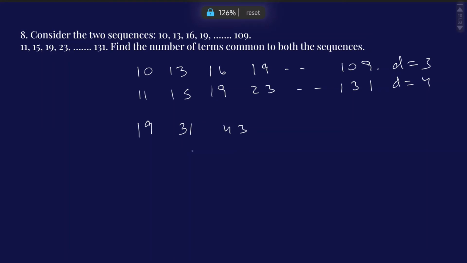So its formula is going to be nothing but Tn should be less than or equal to 109, or a, which is nothing but 19, plus n minus 1 into d, and the difference is 12, should be less than or equal to 109. So we can find out n here.